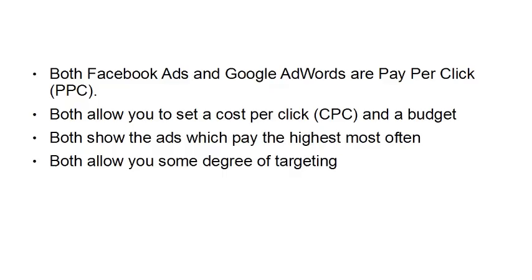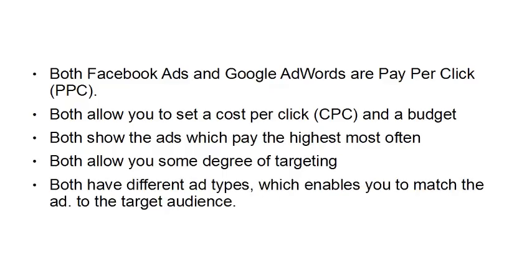Both allow you some degree of targeting, and both have different ad types, which enables you to match the ad to the target audience. But that's about where the similarity ends. So let's take a look at some of the key differences between advertising on Google AdWords and advertising on Facebook ads.